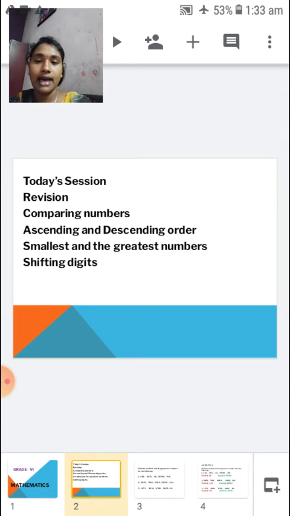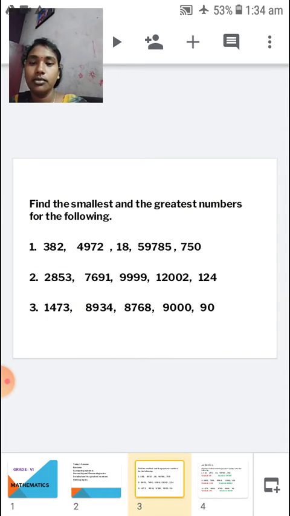We'll have an example for an easier understanding. Okay, children, are you ready? Yes, let's move on to today's session. So here a set of 3 questions are given. You have to find out the smallest and the greatest numbers for the following.